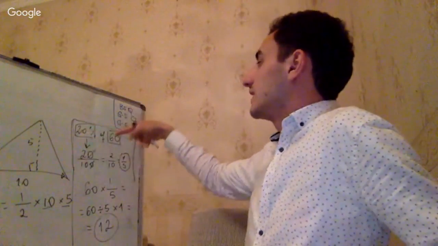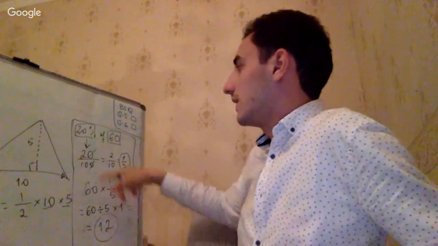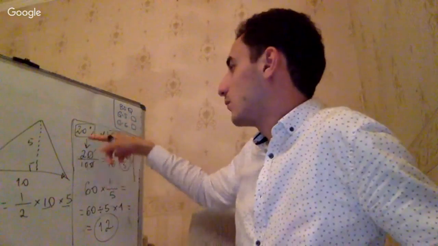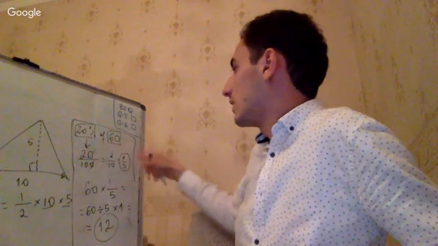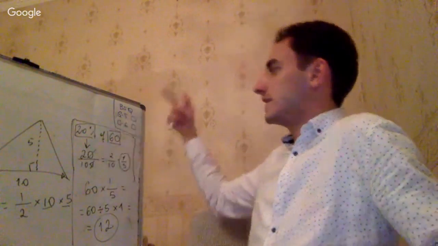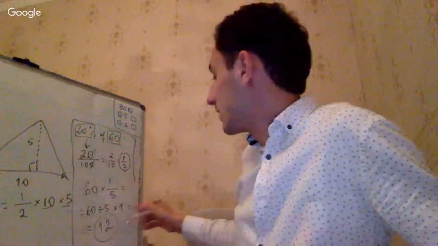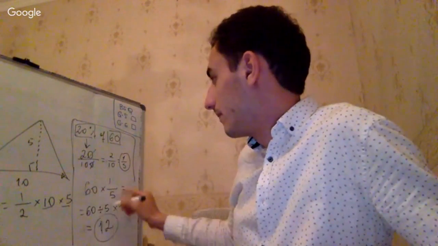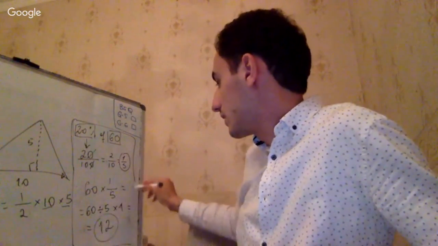So 20% of 60 is 12, and this problem is the same as finding the fraction of the quantity as 1 over 5 of 60. 1 over 5 of 60 and 20% of 60 have the same meaning. So the correct answer is 12. Clear, Zanan? Any question you can ask?